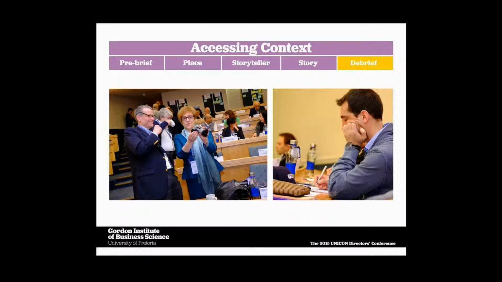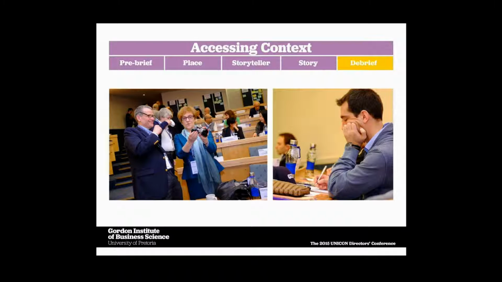The debrief asks how delegates experienced the journey and helps them to embed and reflect and share with others what it is they saw and heard and felt. And most importantly, what they learned, because our contextual immersions are very often, people are broken into different groups and can learn a lot from each other at an accelerated pace by going to one venue and then learning from somebody else about another venue.